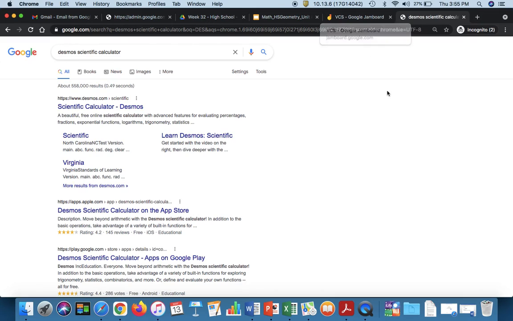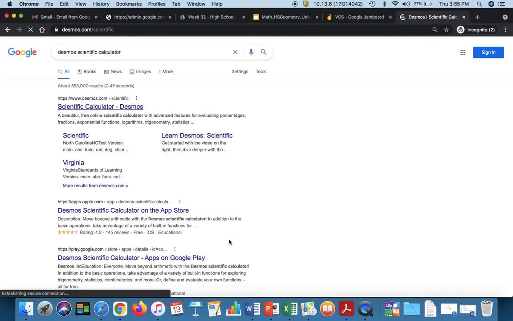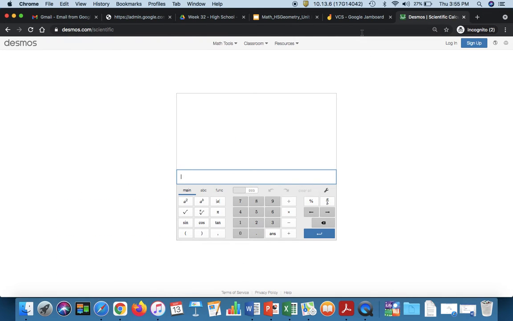Now let's take a look at how we might use our Desmos Scientific Calculator to do this as well. I want to show all these probabilities that I might be able to do in my calculator. So the probability of A was 499 over 979. And I see this decimal, which I rounded to about 0.51 for the probability of A. If I turn it into a fraction, it just gives me the original fraction that I entered, so it's not very helpful in simplifying.